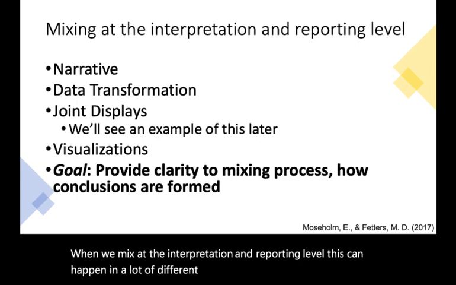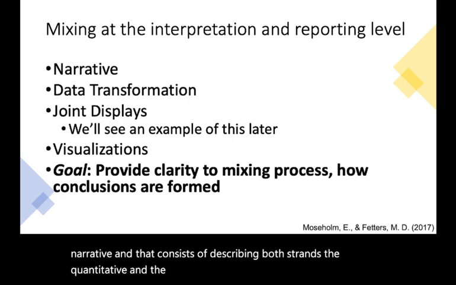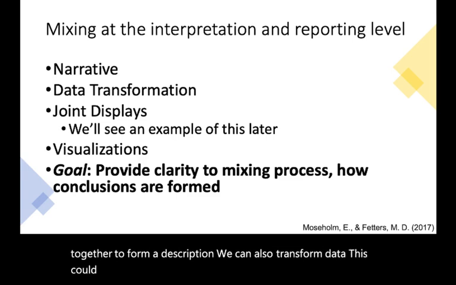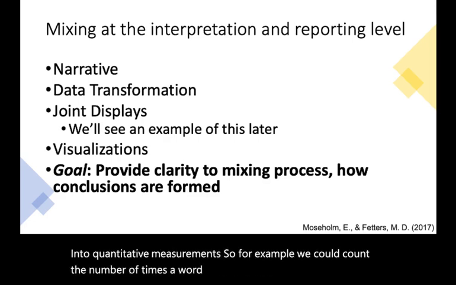First off, we can develop a narrative, and that consists of describing both strands, the quantitative and the qualitative strand of data, and bringing them together to form a description. We can also transform data. This could be turning qualitative responses into quantitative measurements. So, for example, we could count the number of times a word or a phrase comes up in an interview and give a number to that.